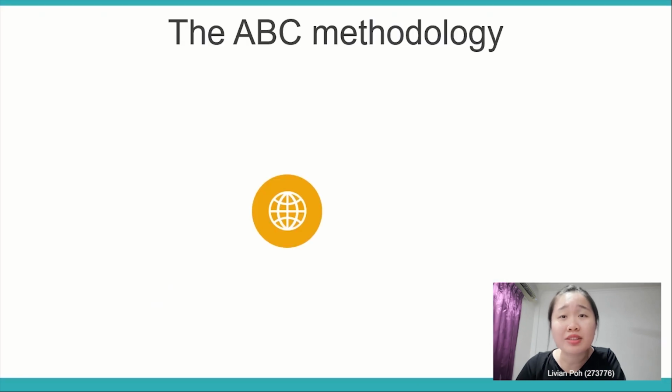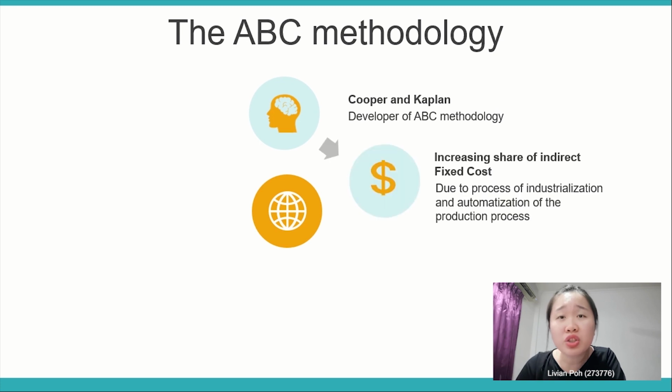The activity-based costing methodology was developed by Cooper and Kaplan to solve the problem of the increasing share that indirect fixed costs have on the product cost structure. The activity-based costing system estimates the cost of resources used in a given process.